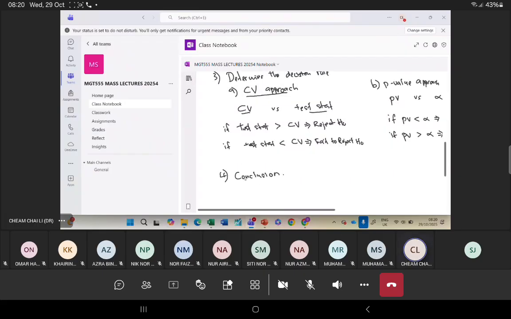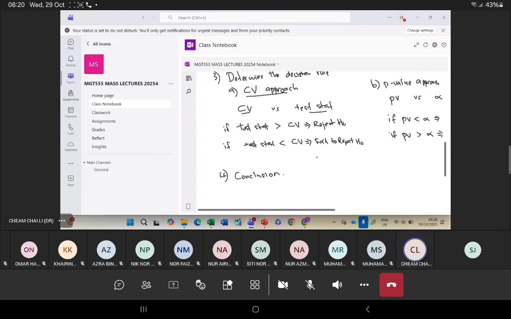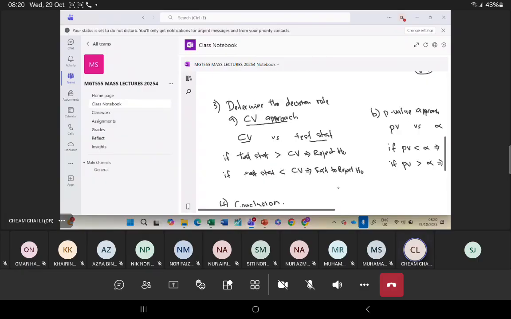Okay, then step number 4 is you need to draw a conclusion, right? You know that when we test hypotheses, we base it on the sample data to conclude the population's scenario. So based on sample data, you get a decision. After the decision, then you conclude, right?